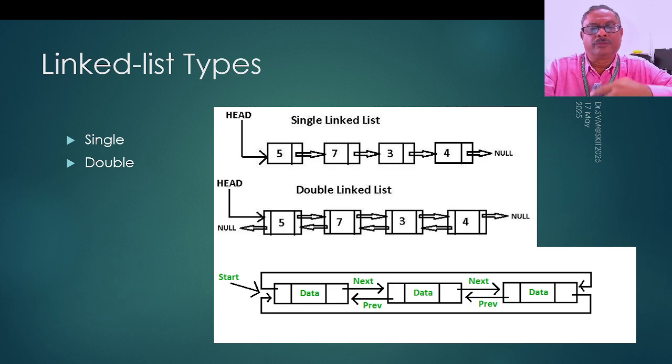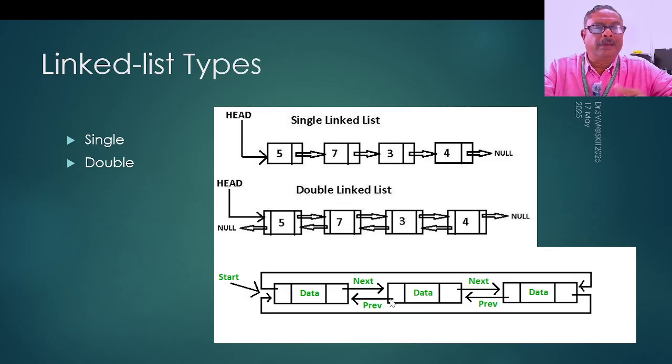One address shows where the next node is located, and another address shows where the previous node is located. So we have two address fields, one for the next node and one for the previous node, and one for the data. So in total there are three components when we are working with a doubly linked list.